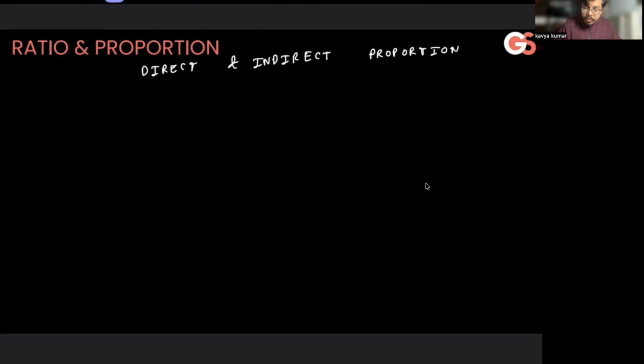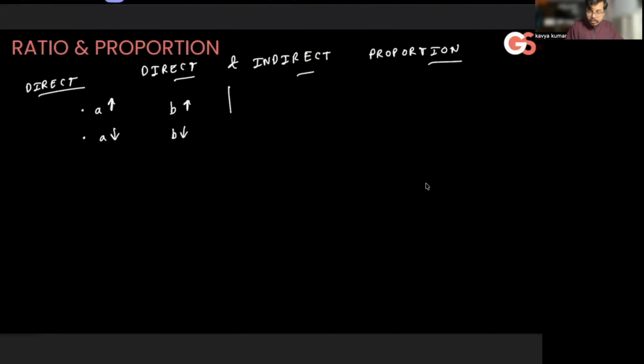Whenever one quantity increases, the other also increases. This is known as direct proportion. Let's say you have A and you have B. Whenever A is increasing, B is also increasing. I'm talking about direct right now. Or whenever A is decreasing, B is also decreasing. This is one case.